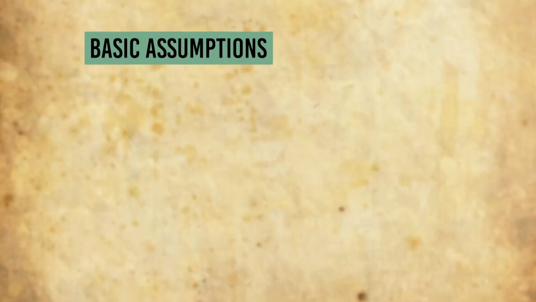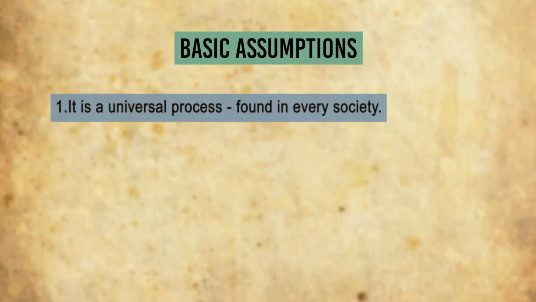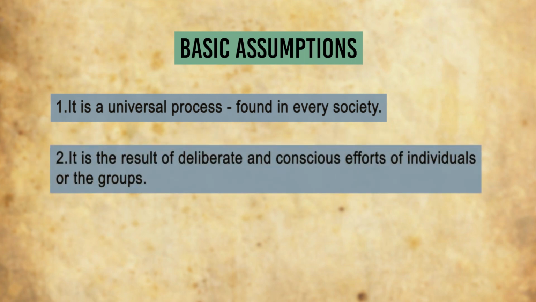Now, what are the basic assumptions that these conflict theorists, or the concept of conflict, includes in itself? Firstly, as we have already discussed, it is a universal process. It is found in every society. Secondly, it is the result of deliberate and conscious efforts of individuals or groups.